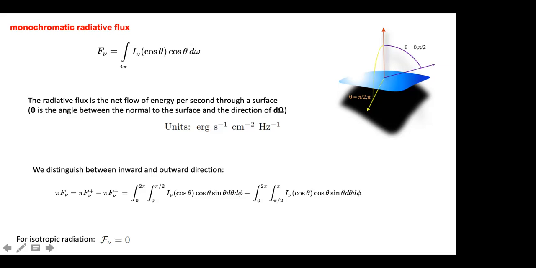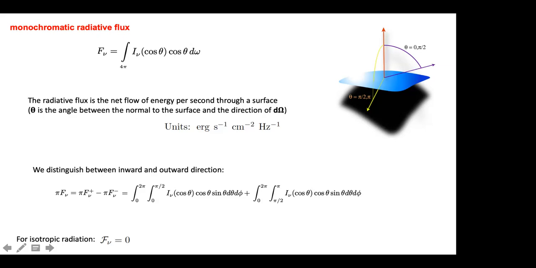It's not always. What is sure is that if we have isotropic radiation, so this surface is emitting in all directions in the same quantity, of course the flux is zero, because you have inward and outward in the same quantity and in all the directions. So the two contributions from inward and outward cancel out, and you have zero.